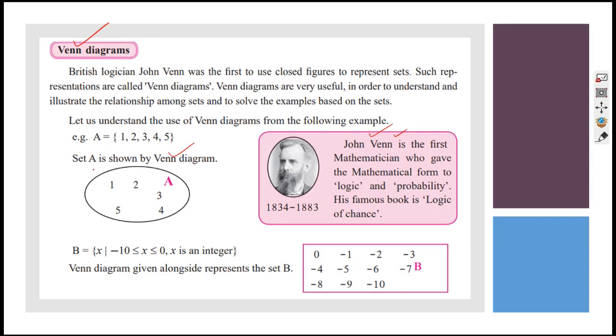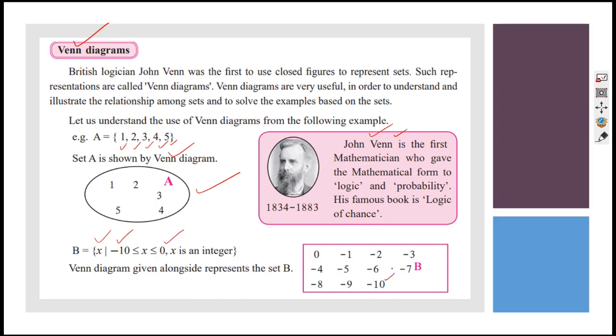For example, set A is numbers 1, 2, 3, 4, 5. We can show it in a Venn diagram like this. Set B is x such that x is a number greater than minus 10 and less than 0.